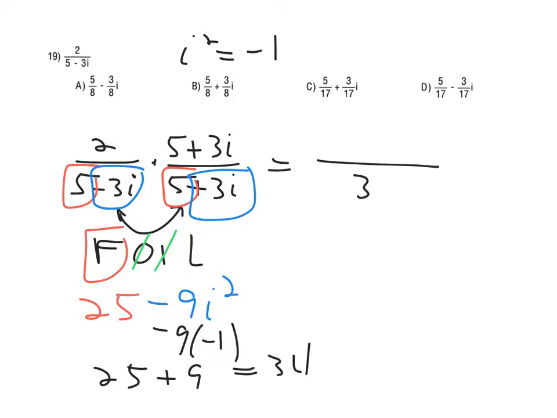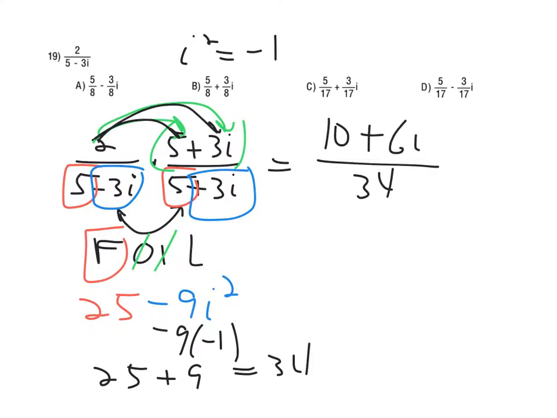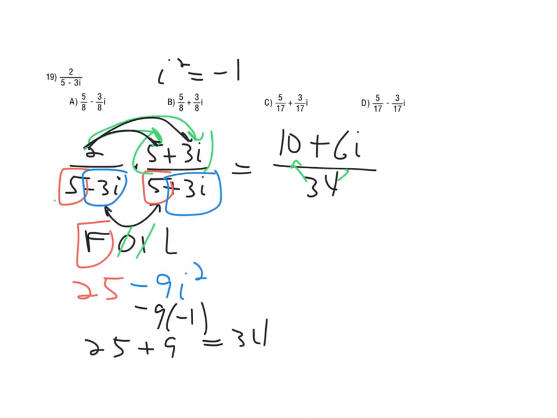Now this one's different from the last in that my numerator, I don't have to FOIL. Here I'm just going to take the 2 and distribute it to the 5 and the 3i. So 2 times 5 is 10, 2 times 3i is 6i. So here I'm going to take my denominator of 34 and divide it into both parts up top. So here I'm going to have 10 over 34 plus 6i over 34.